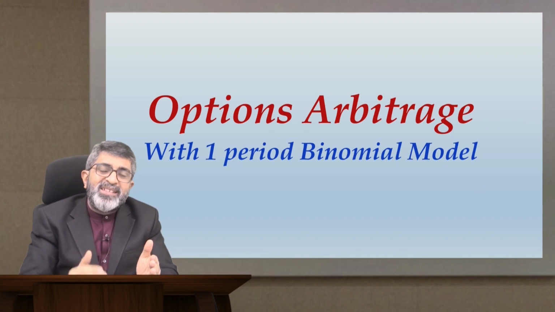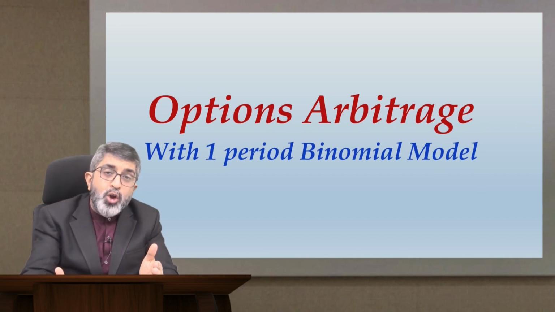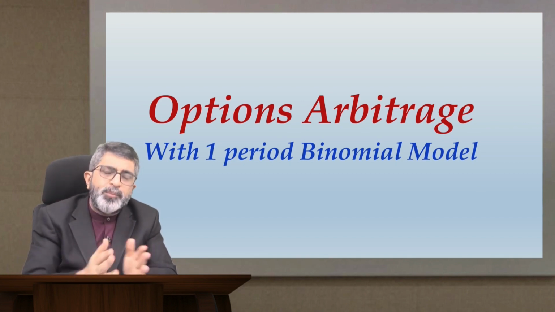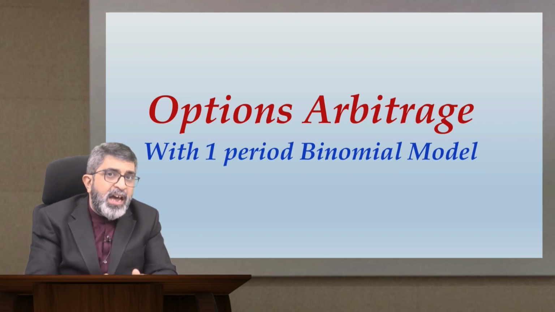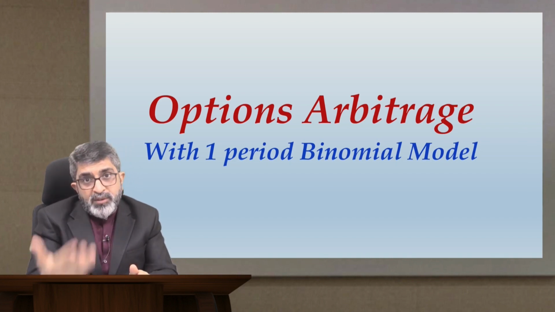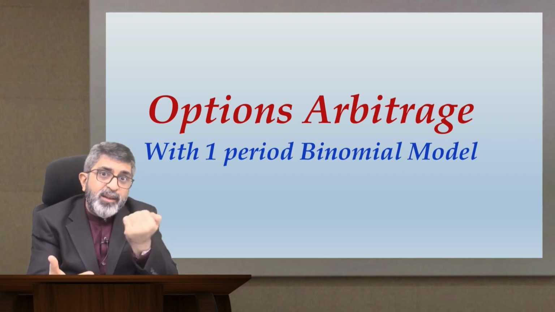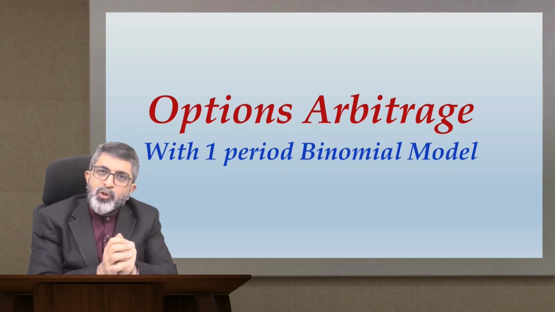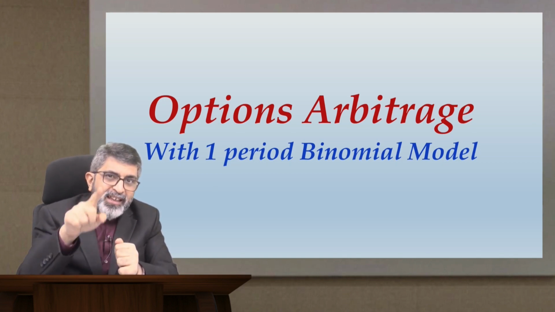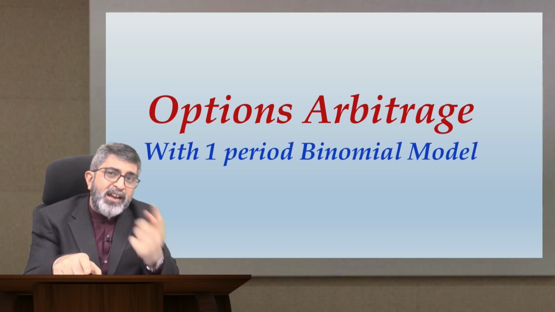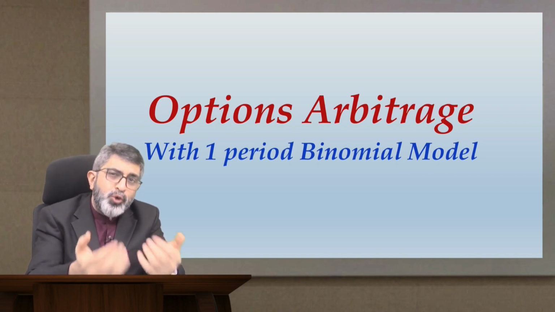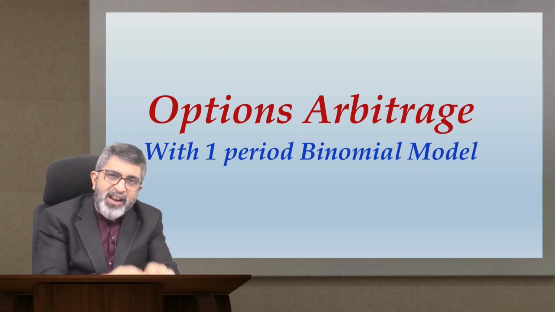So you are going to sell 100 call options, or write 100 call options. But because it is arbitrage, against something you are selling, you will have to buy something. What you are going to sell is options, so against that what you should buy should be the shares, which is the underlying.